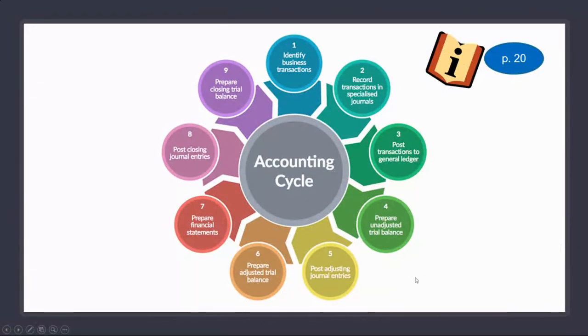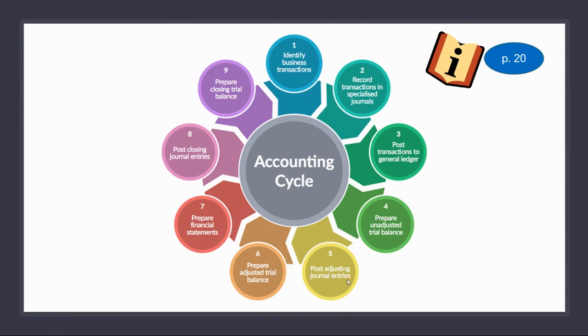Then we prepare an unadjusted trial balance. Now that is just to have a little snapshot of the various accounts we have and what the balances are at a specific point in time. As an accountant, we generally perform up to the trial balance on a monthly basis, because we will post adjusting journal entries.